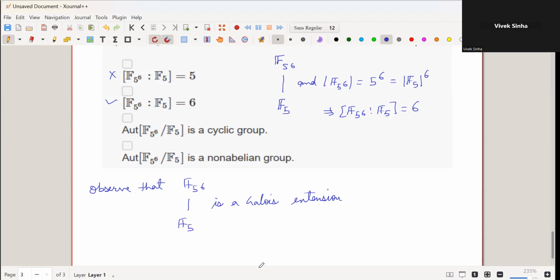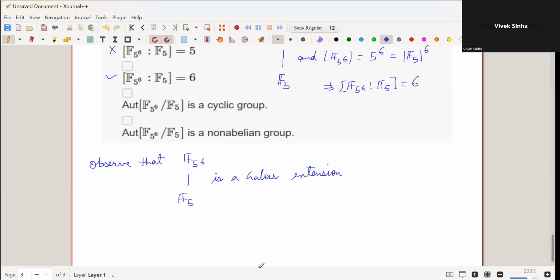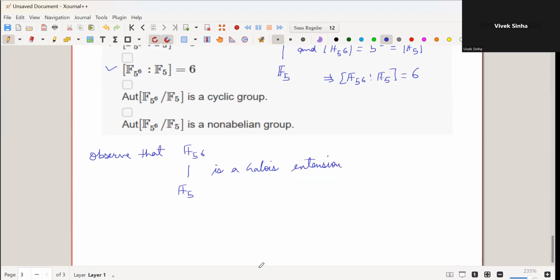And why is it a Galois extension? This is because any field of order p^n contains all the roots of the polynomial x raised to p^n minus x.